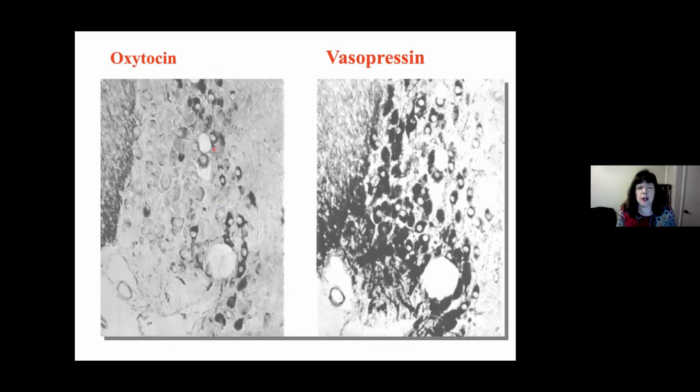These are pictures showing immunolabeling for oxytocin. I think this is probably up in the paraventricular nucleus, and this is vasopressin. And basically, for the most part, as I said before, they're in separate neurons. Every once in a while, you'll get some that have both, but this is just the immunolabeling for the oxytocin or the vasopressin.